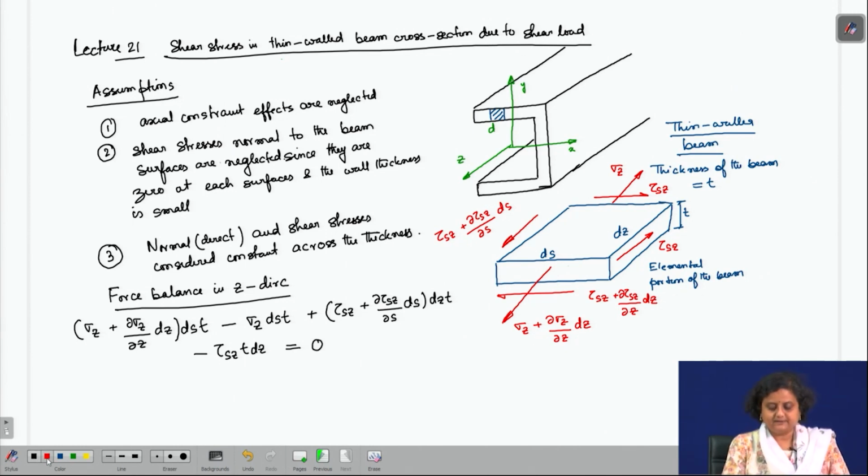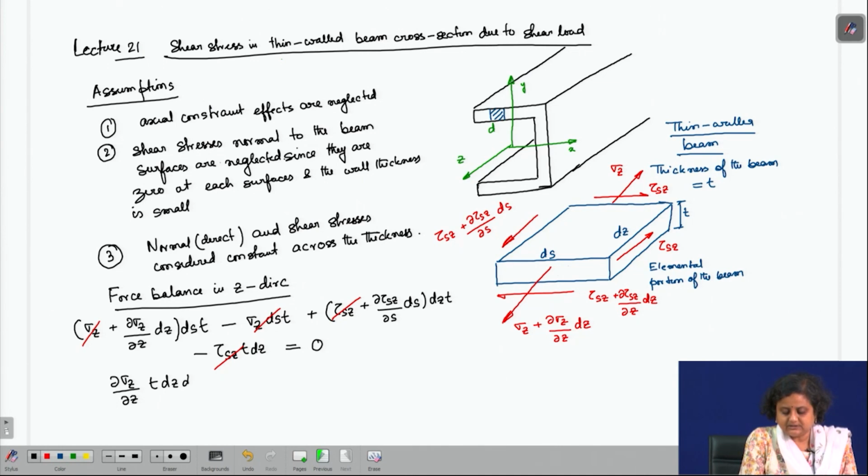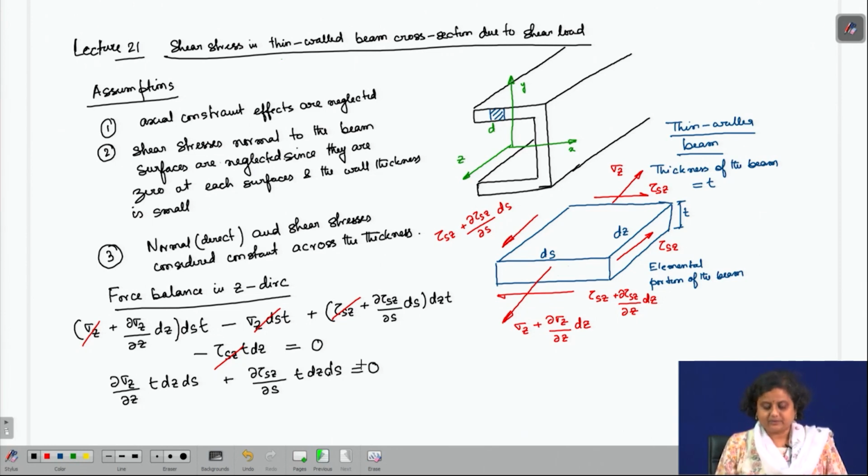Now, let us simplify this expression. So, this and this cancel out, this and this cancel out. What we have from this expression is del sigma z by del z into t dz into ds plus... So, this is the expression that we have.